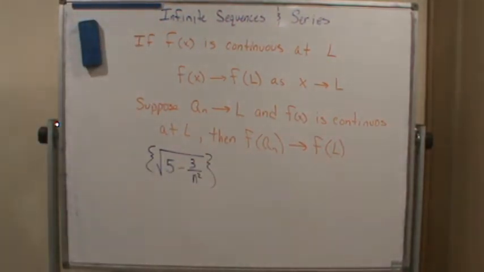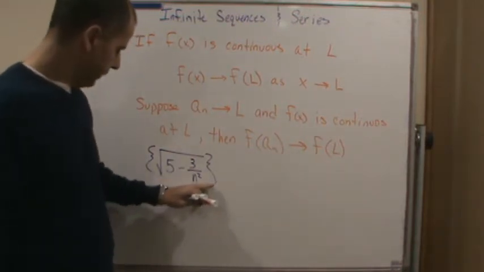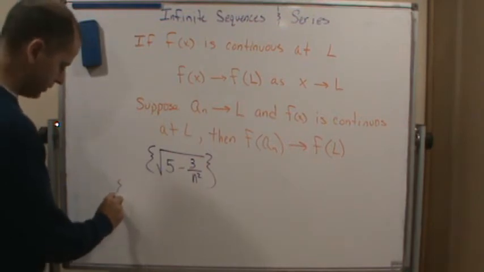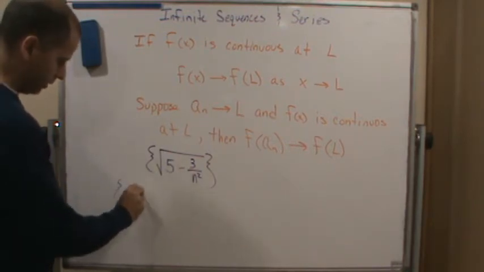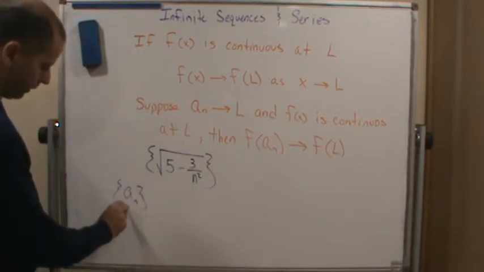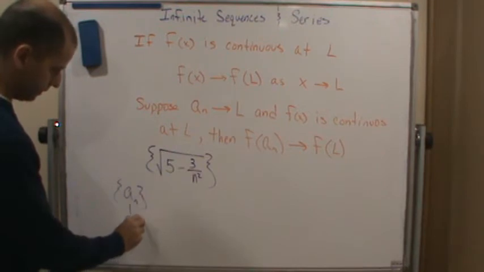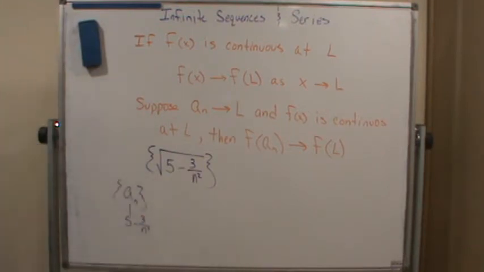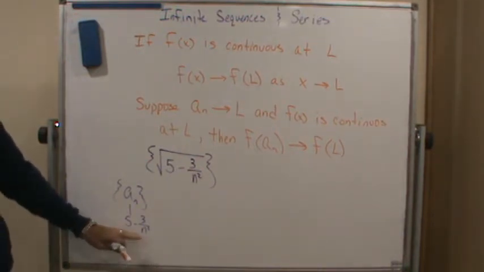Now, we know that, remember we did this, we had another sequence, a sub n, where a sub n was 5 minus 3 over n squared, right? And we know the limit of this is 5.